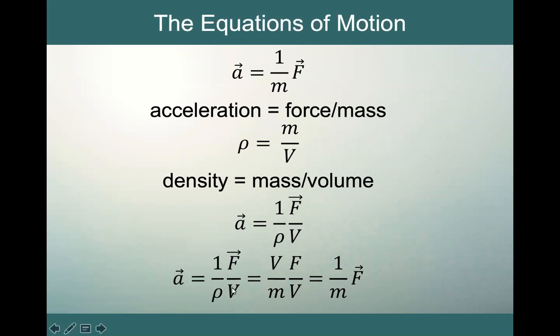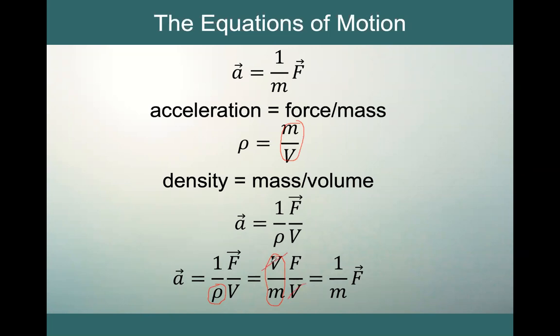Just to make sure that this does in fact satisfy Newton's second law, we can bring this expression down here and replace the density by the mass over the volume. It's 1 over that. So instead of mass over volume, I end up with the volume over the mass, multiplying the force over the volume, and I can cancel my volumes.